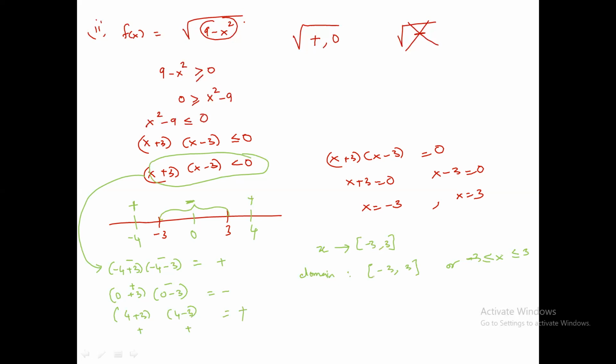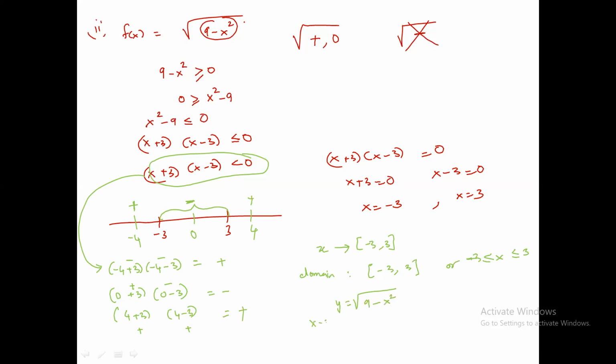Coming to y. How will you be taking the range? If you see y, what are the numbers you will be getting? Y is square root of 9 minus x squared.